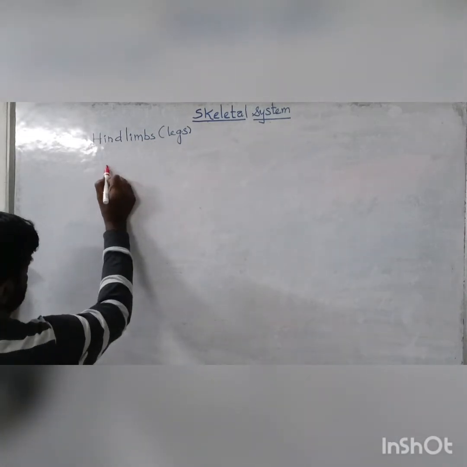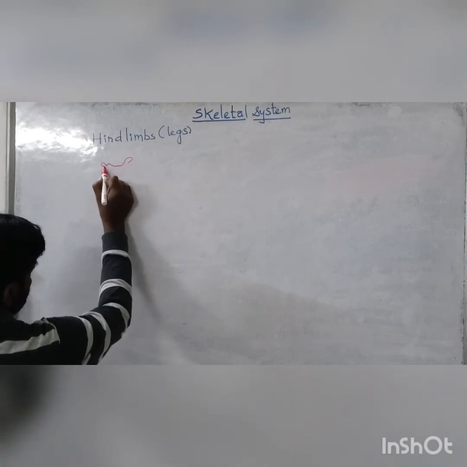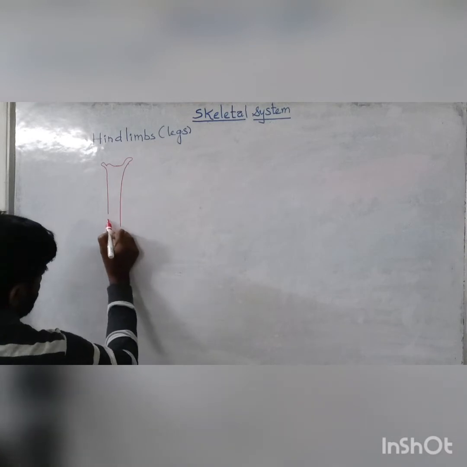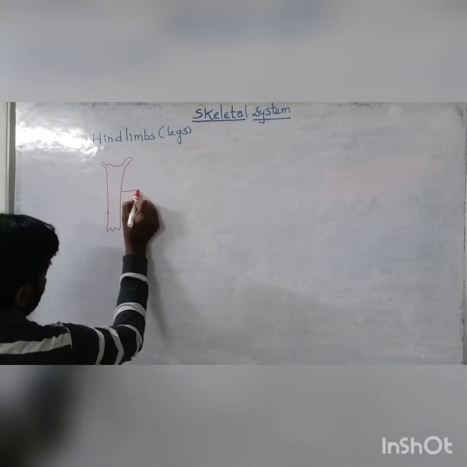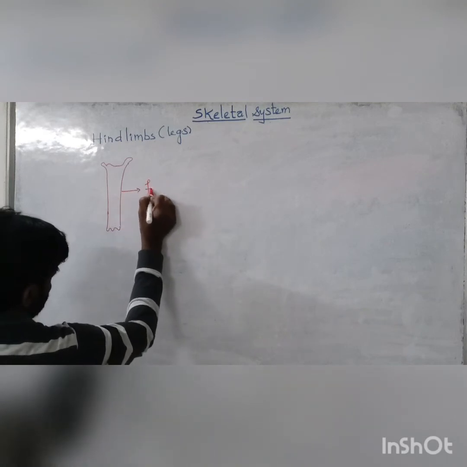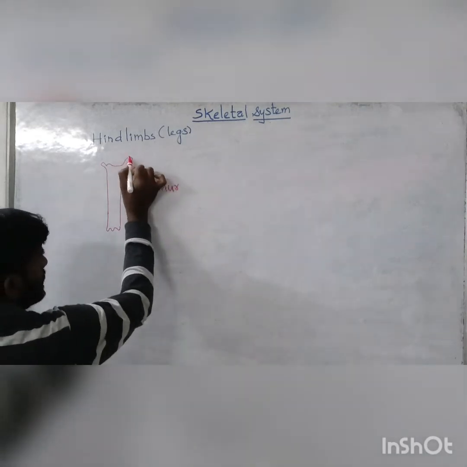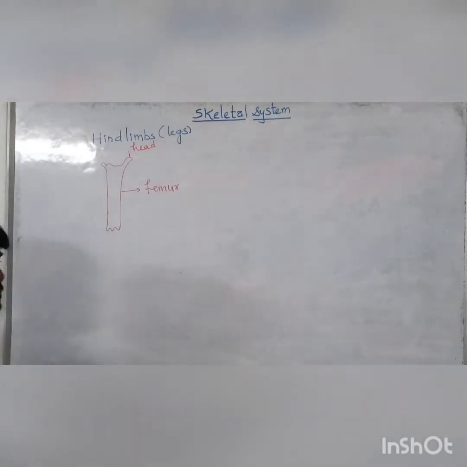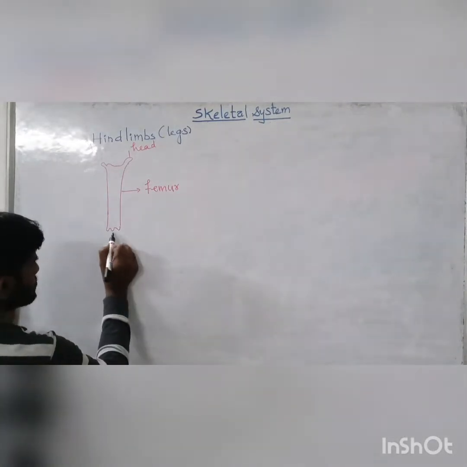This is the femur, and this is the head of the femur. Head of the femur and the femur bone. Below the femur, there are two bones.